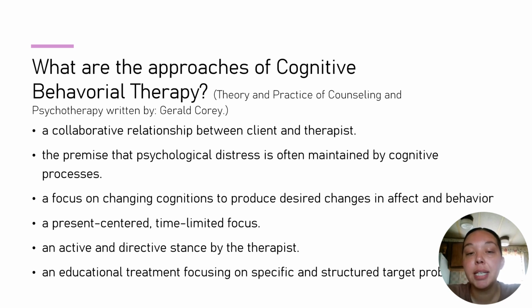Third, a focus on changing cognitions to produce desired changes in affect and behavior. Fourth, a present-centered, time-limited focus. Next, an active and directive stance by the therapist, and educational treatment focusing on specific and structured target problems.